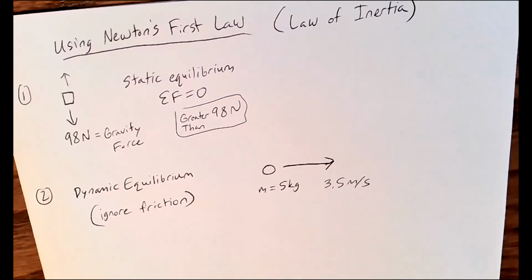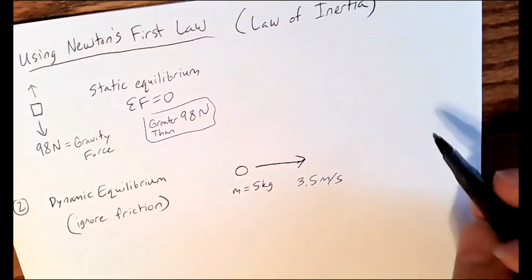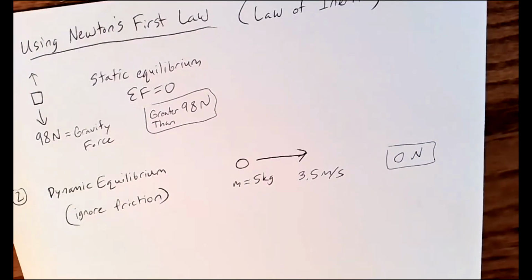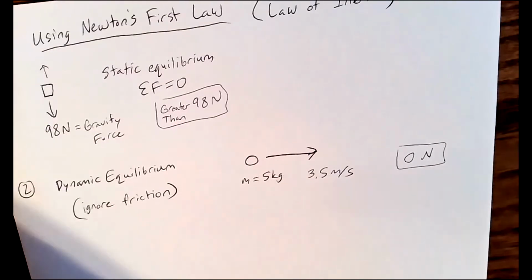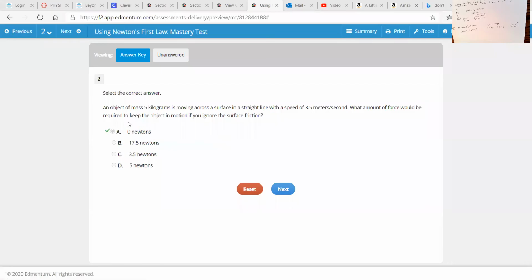So it will not take you any force to make it continue doing this motion. So the answer is 0 newtons. If it's in equilibrium, you do not need to have an external force acting on it to make it continue going in that direction. Okay, so the answer is 0.